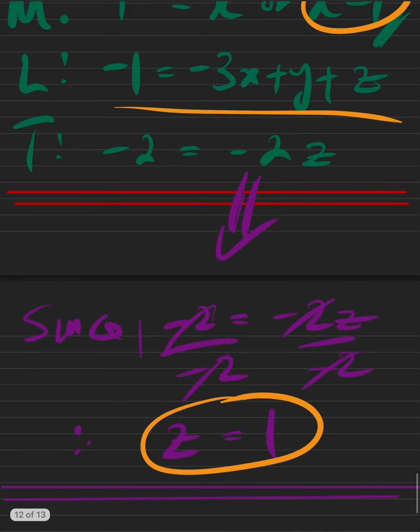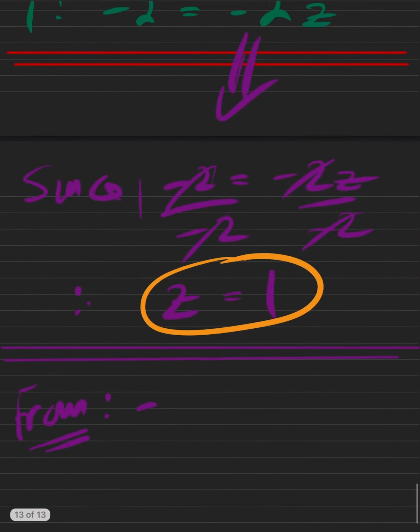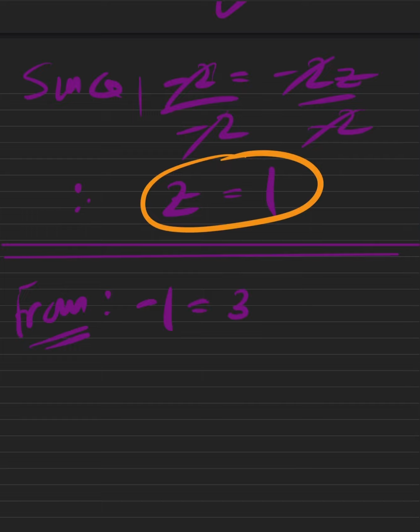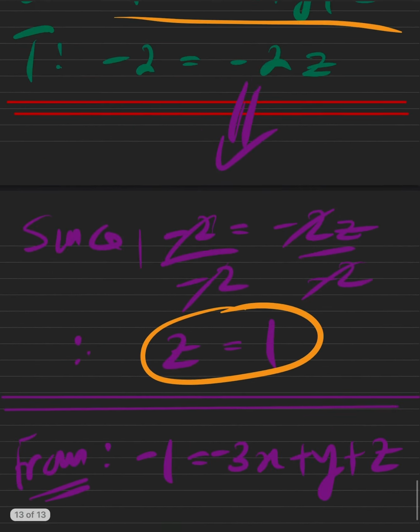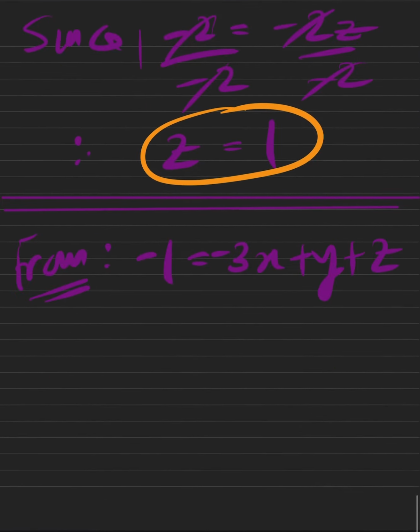That equation is -1 is equal to -3x plus y plus z. If you put your value of x here, which is 1, and your value of z here, which is 1, you can find your y.